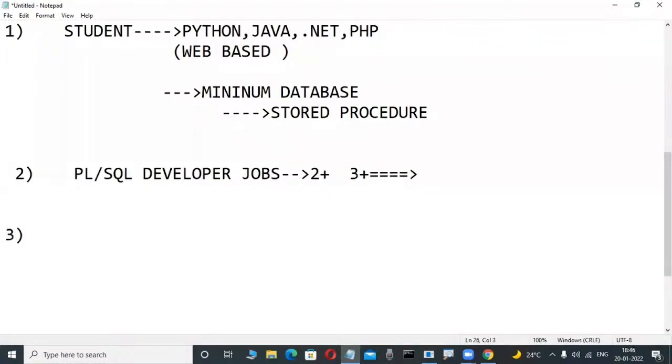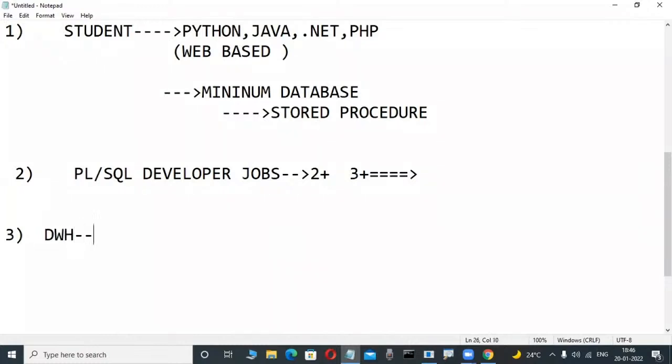Nowadays, many persons do not have very good coding knowledge, maybe non-technical persons who want to move into software. In that case, one type of job is there: data warehousing technologies.